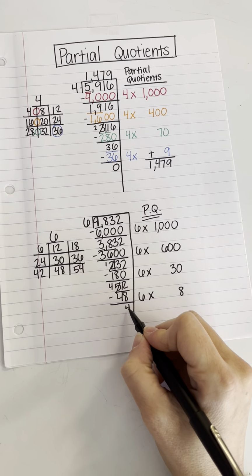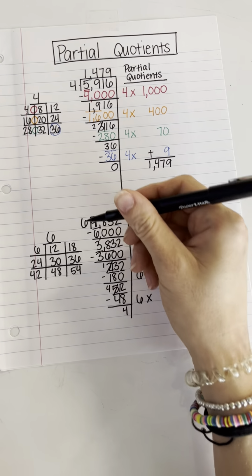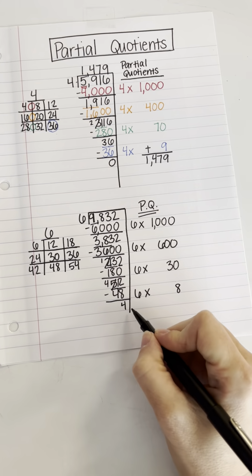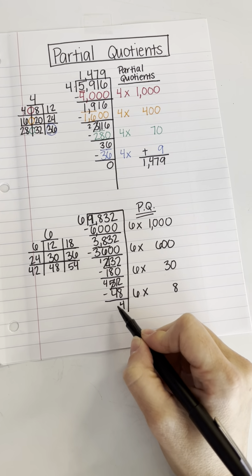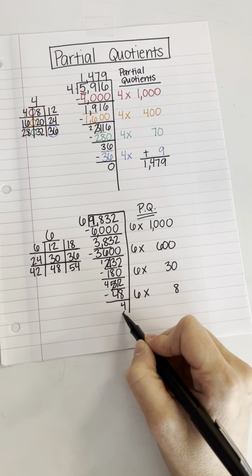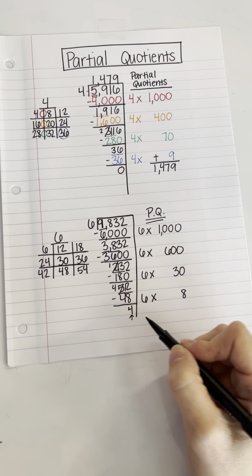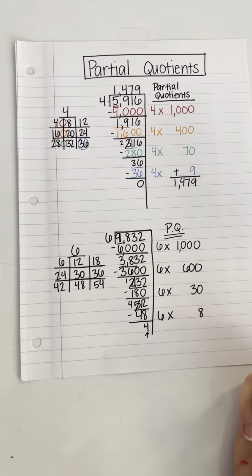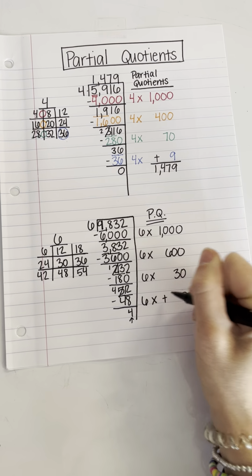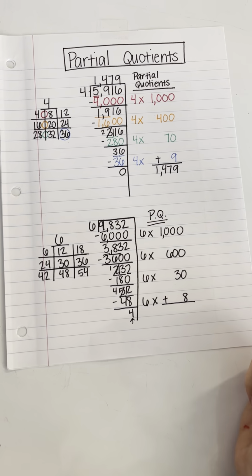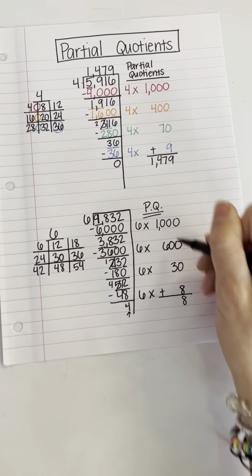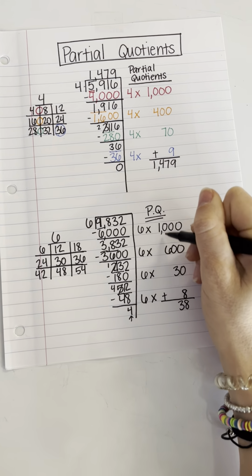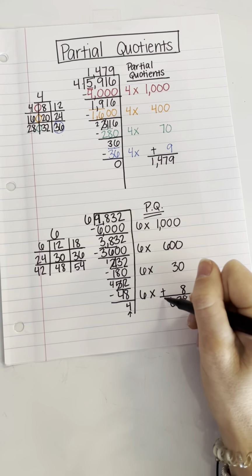Since this is not 0, and it is less than 6, and there's no other digit for us to look at, that means that we are done with our division, but since this is not a 0, we have that left over, meaning it is a remainder. So let's add our partial quotients. We have 8 here, and we have 3, and then 6, 1.